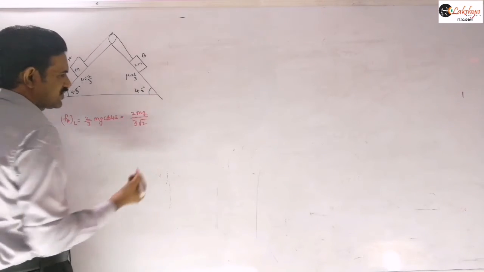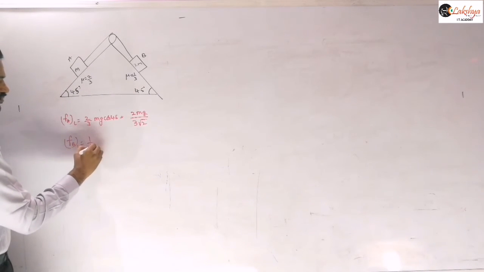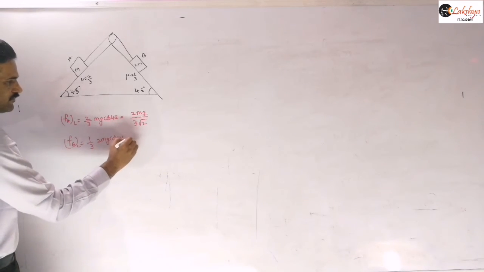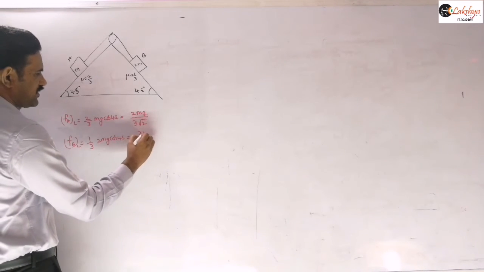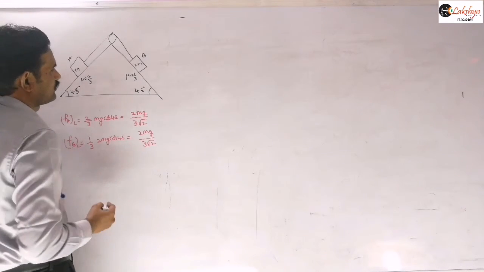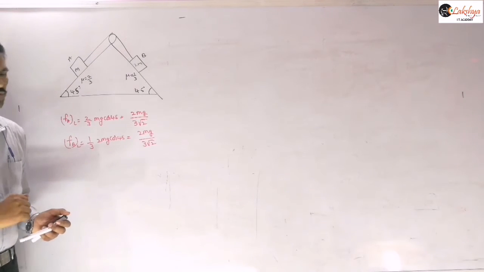Let us keep it here, you can do the simplifications later. Then next F_B limiting. This is 1 by 3, but its mass is 2m, so 2mg cos 45, and so it is also 2mg by 3 root 2. So now the limiting frictions of A and B are equal.